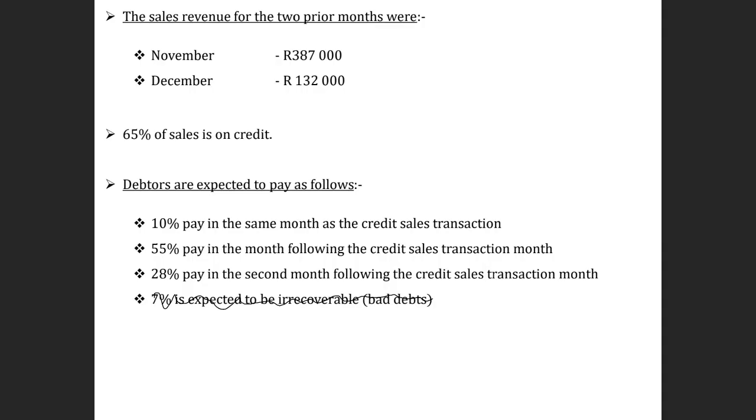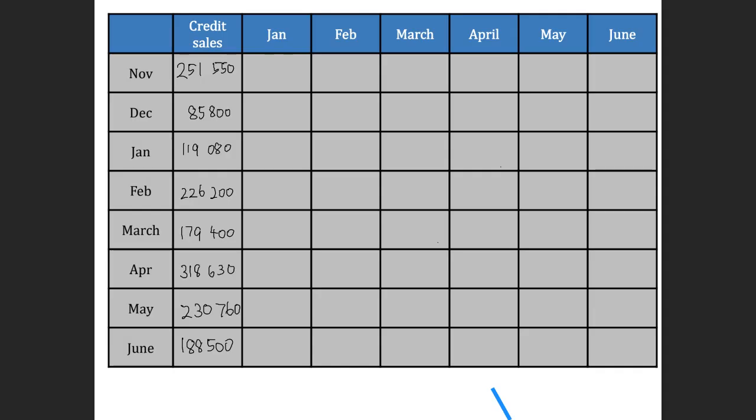So if the sale took place in November, then the 10% would be received in November itself, which is not part of your schedule. The 55% would have been in December, also not still part of the schedule because we're starting in the month of Jan.